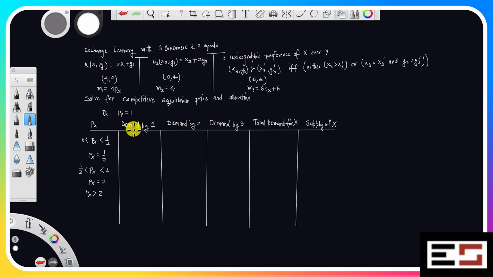So let us figure out the demand. The demand by 1 will be 4Px by Px, which is 4 units. Demand by 2 will be 4 by Px, and demand by 3 will be (6Px plus 6) by Px.